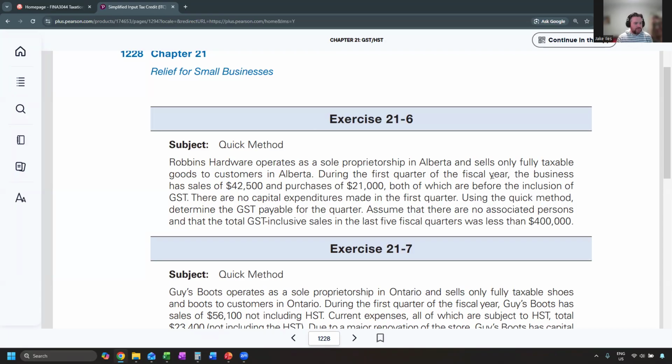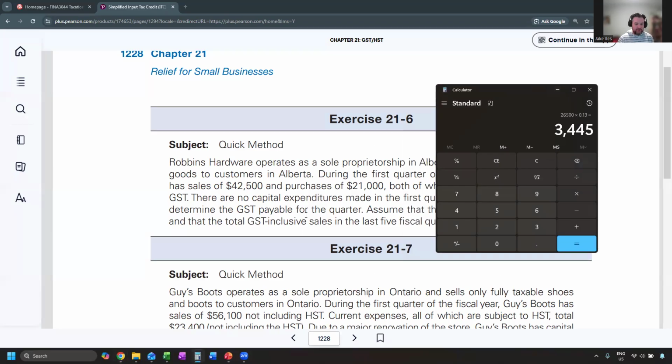During the first quarter of the fiscal year, the business has sales of 42,500 and purchases of $21,000, both of which are before the inclusion of GST. So GST needs to be included in our sales amount in order to apply the quick method. So we'll have to multiply 42,500 times 1.05, and that 44,000 is what we're going to use in our quick method calculation. So we had to add that 5% to our total.